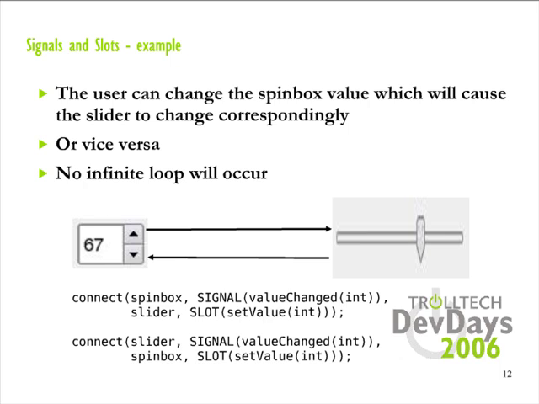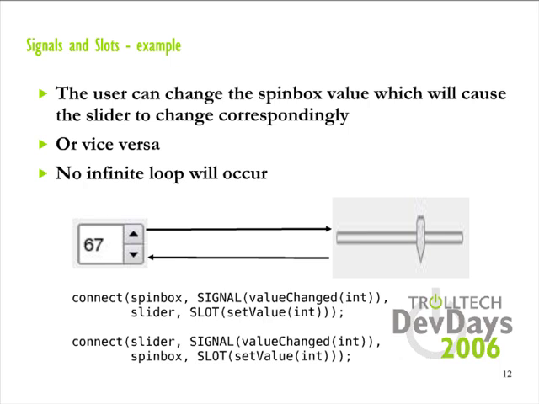Whenever the numerical value in that spin box is changed, whether the user clicks the little arrows or types in a new number, it will say, I've been changed, here's my new number, 55, 99, 7, whatever that number is. And it doesn't know if or to whom it is connected. But I've connected it to the slider, which has a setValue slot.